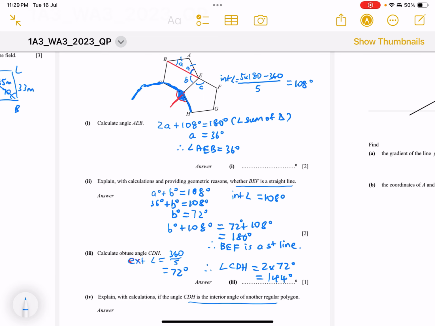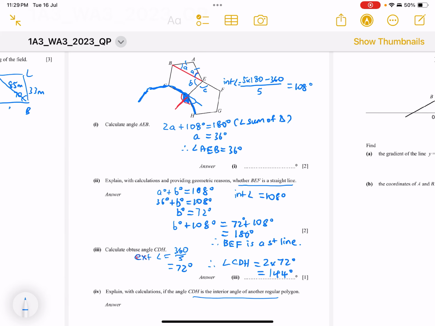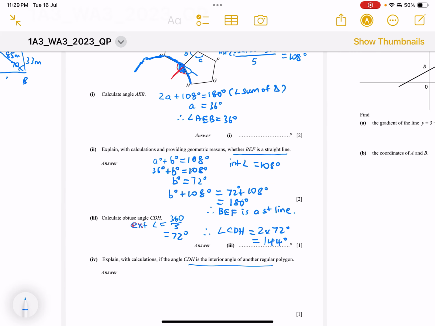We know the interior angle, which is CDH, so the exterior angle is 180 minus CDH, which is 36 degrees.